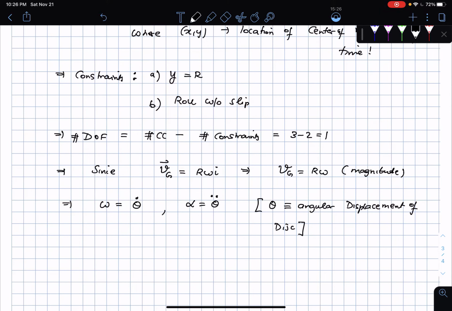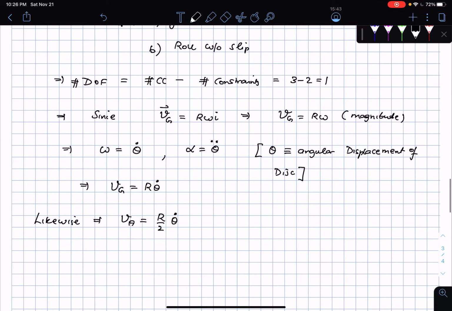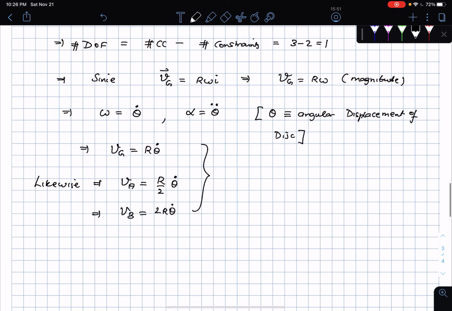Right, this is also stuff that we've done in the past, which implies that Vg is equal to r times theta dot. Likewise, I can write that Va, which was a point at the bottom, is going to be r by 2 times theta dot, and I can also write that Vb is 2r times theta dot.